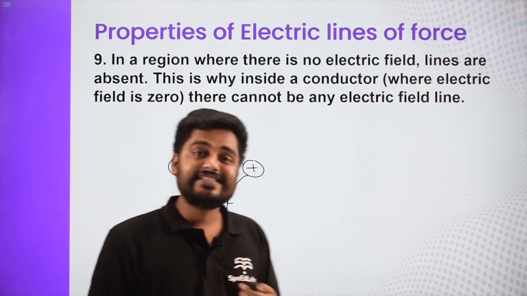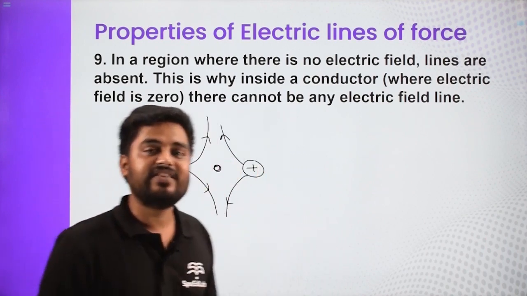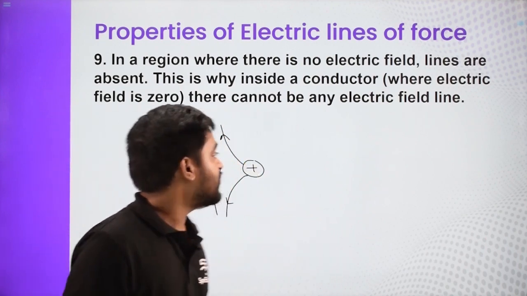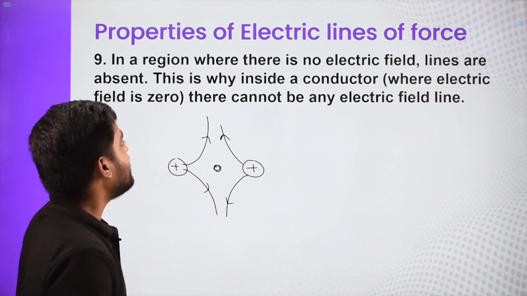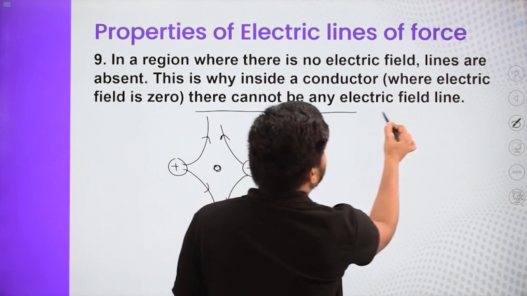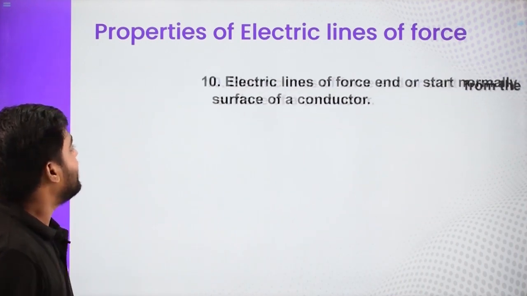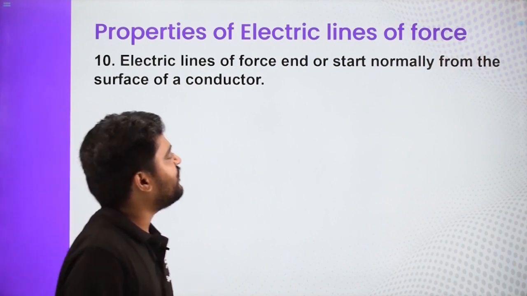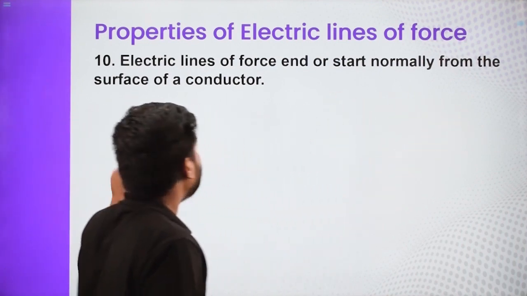Inside a conductor also the electric field is zero. We had derived that using Gauss's theorem. Since the electric field inside a conductor is zero, we can also say there cannot be any electric field lines inside a conductor.